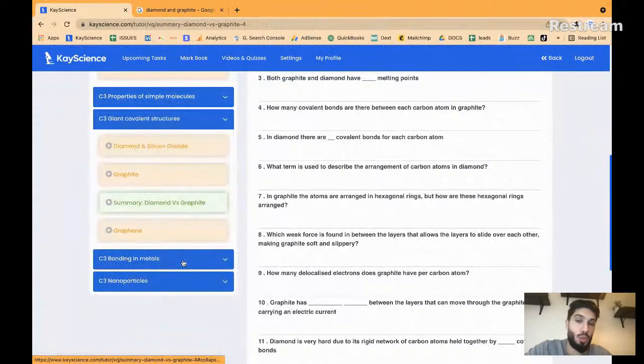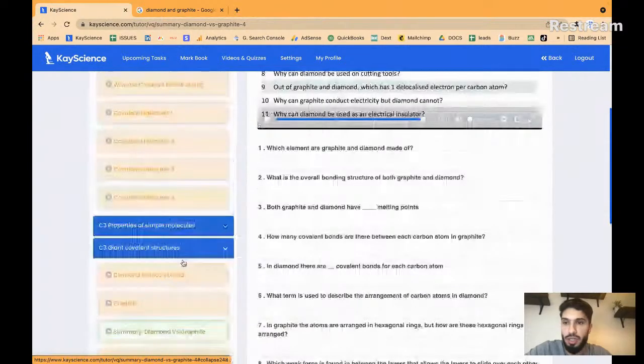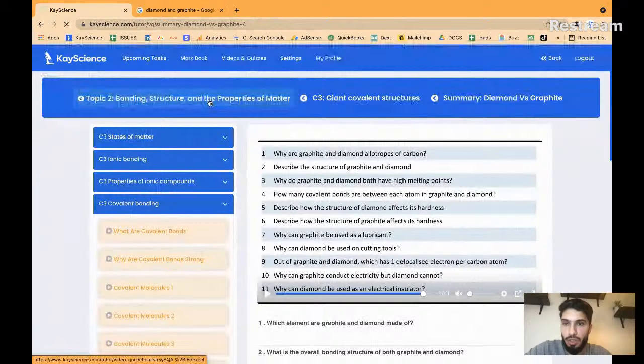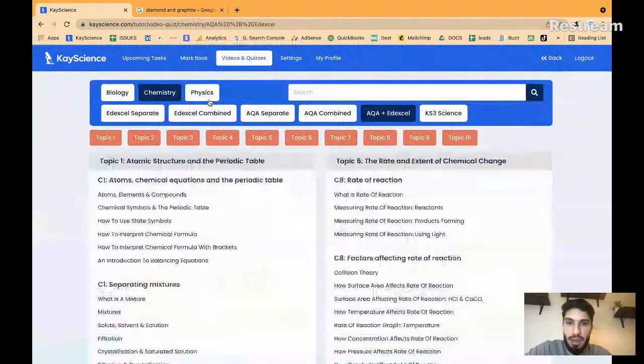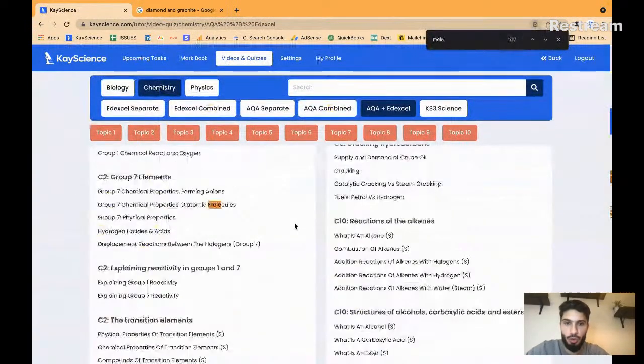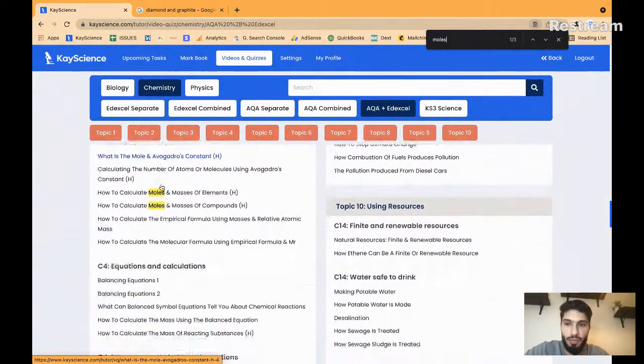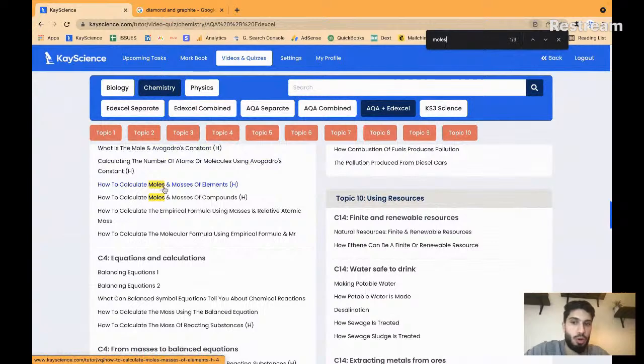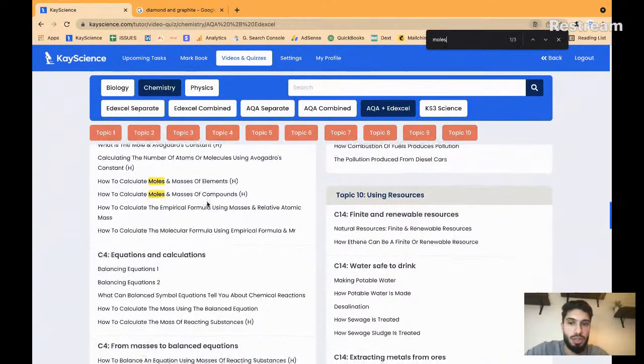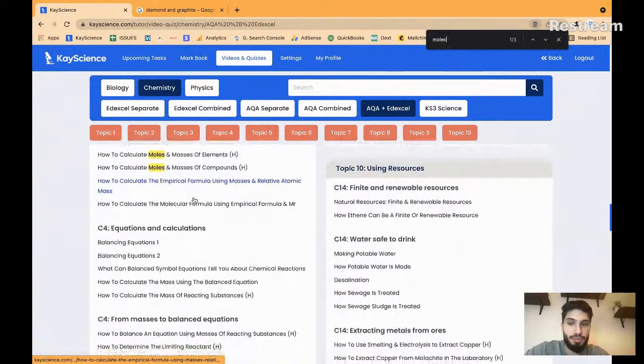And then next week, we're going to do calculations. We're going to go over the fundamentals of calculations, and we're going to apply our understanding of moles. So let me just show you what we're going to do. We're going to think about what is relative formula mass, what is the mole, Avogadro's constant, how to calculate moles and masses of elements, how to calculate moles and masses of compounds, and empirical formula.